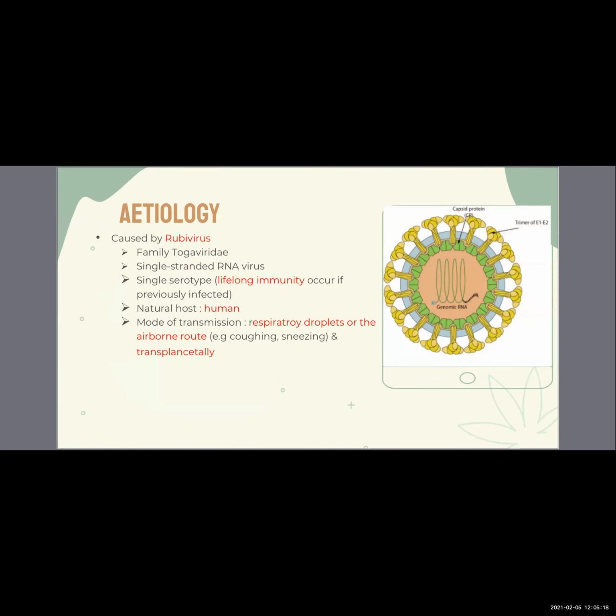Rubella virus is caused by rubivirus, of the family Togaviridae. It is a single-stranded RNA virus. It only has a single serotype that can confer lifelong immunity if previously infected. And human is the only natural host. The mode of transmission of this virus is through respiratory droplets or the airborne route, and also transplacentally.